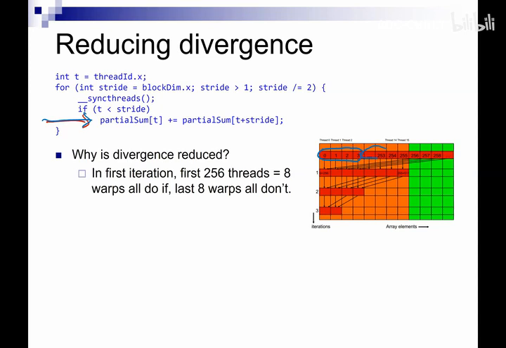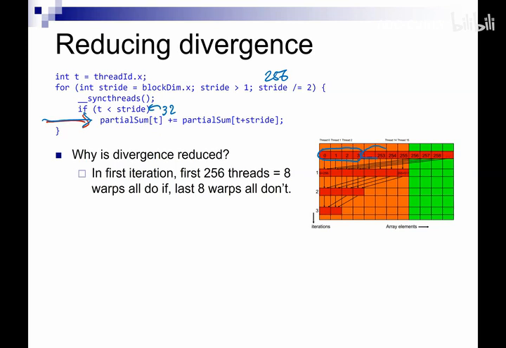Since initially your stride is 256, if you look at the first 32 threads in the warp, all of them satisfy this condition over here.